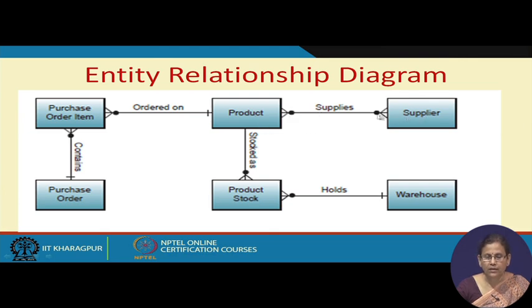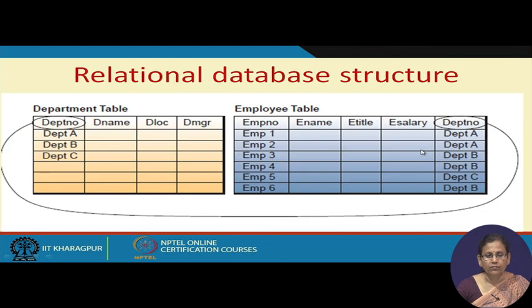A supplier supplies the product and their relationship can be either 1-1, 1-many or many-1. For example, here the supplier and product have a many relationship, which means one supplier can supply many products and one product can be supplied by many suppliers.